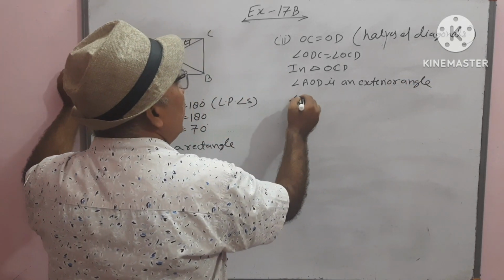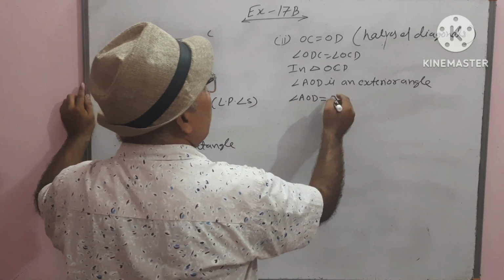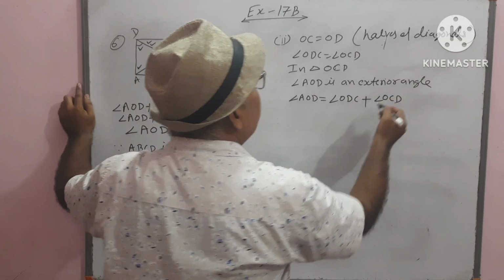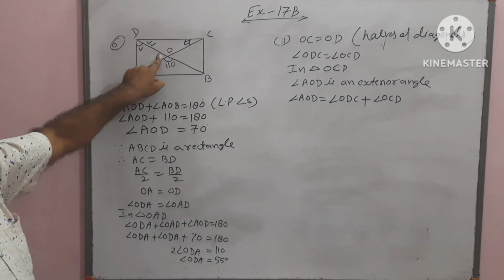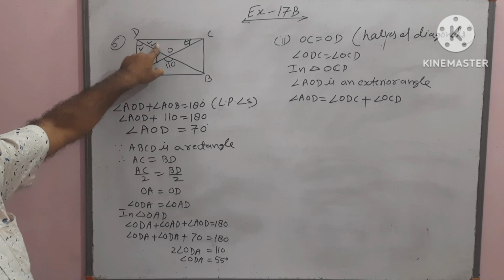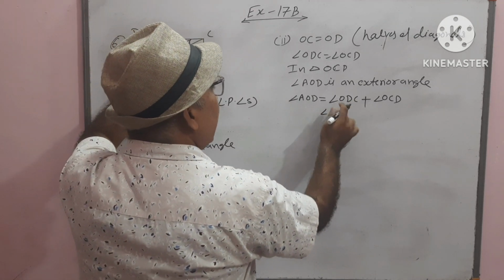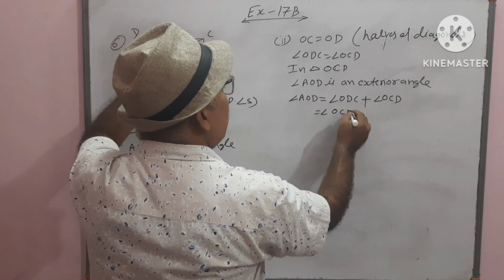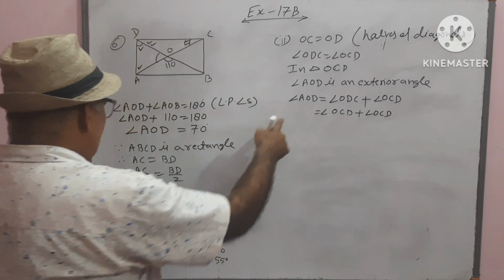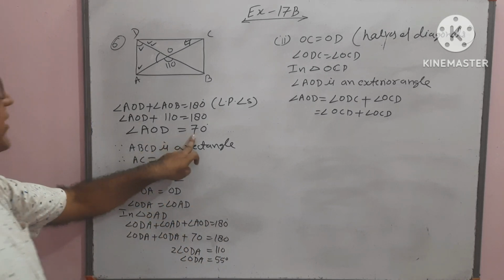And what is the property of the exterior angle of a triangle? The exterior angle of a triangle is equal to the sum of the interior opposite angles. Angle AOD is equal to angle OCD plus angle ODC. We have to find OCD, so ODC is replaced by OCD, and angle AOD we have already found here, 70 degrees.